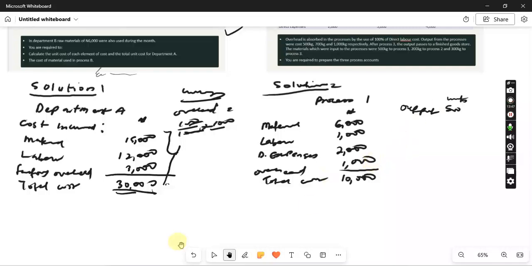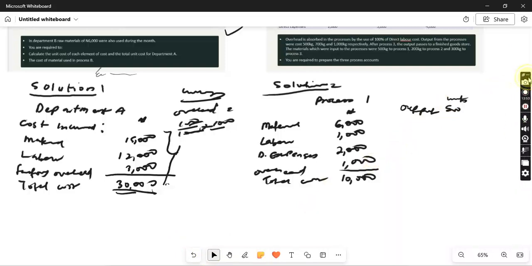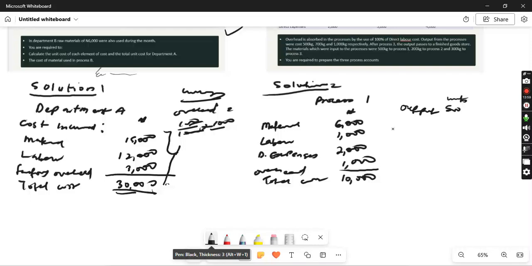So for us to determine the cost, let's do some workings here. This is working one, and this is working two. The unit cost will be the total cost over output.